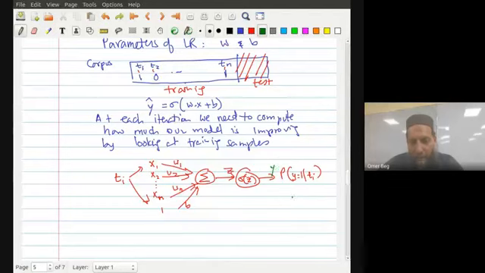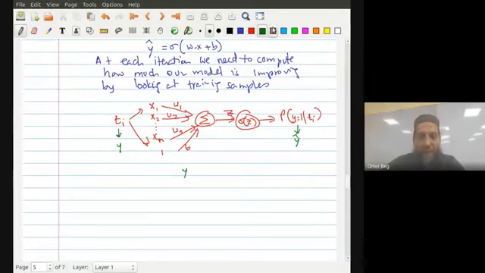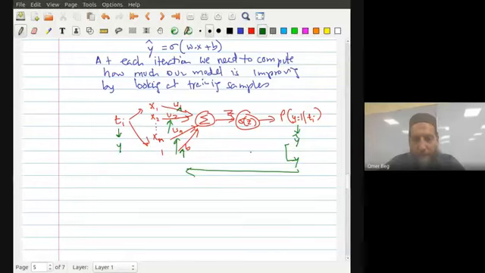I get this y hat out, and I also know what the real y is, so I can measure the difference between y and y hat. One way of doing it is computing the loss. I compare these two, and if there is a difference, then I need to go back and tune these weights and the bias. And if it's okay, then I think the values are good.